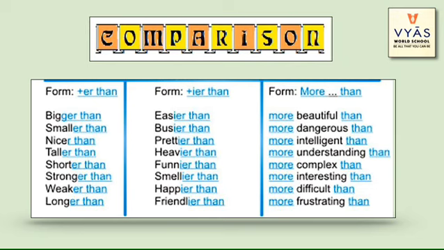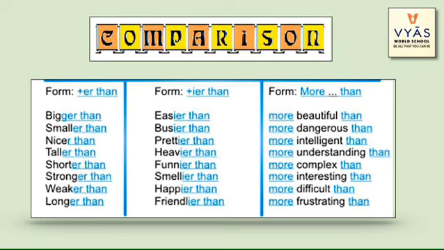All such words are given here. So the first one is easier. Easy. The spelling of easy is EASY. So we replace Y with IER. So the spelling changes to EASIER. Easier than. Busier than.